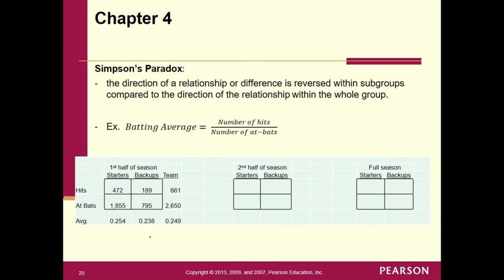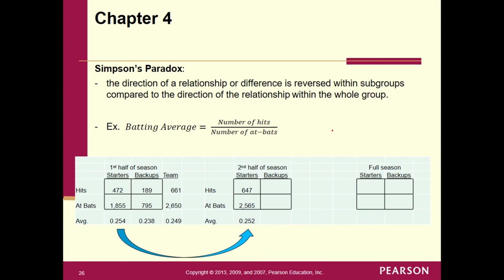Now, in the first half of the season, we'll say that they had a fair amount of injuries to their starters, and so the backups had to play more than maybe the team wanted. And then maybe the starters got over the injuries. Let's see what happens in the second half of the season. The batting average actually went down for the starters, from 254 down to 252.